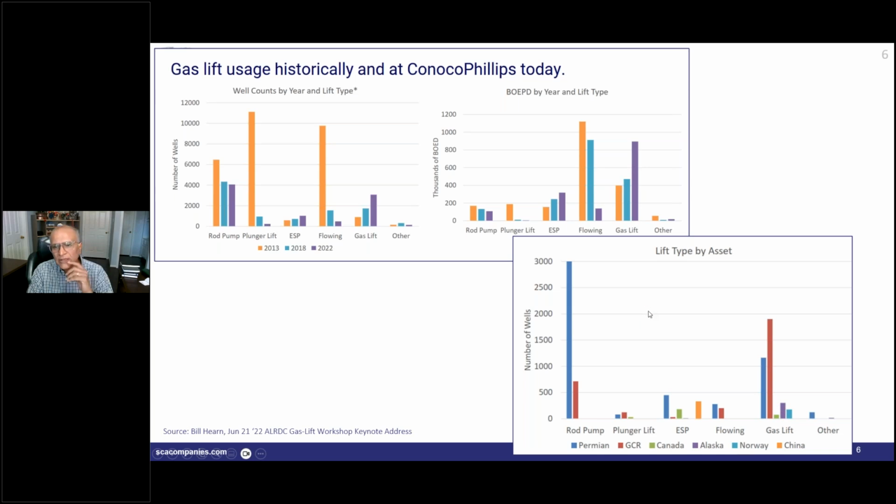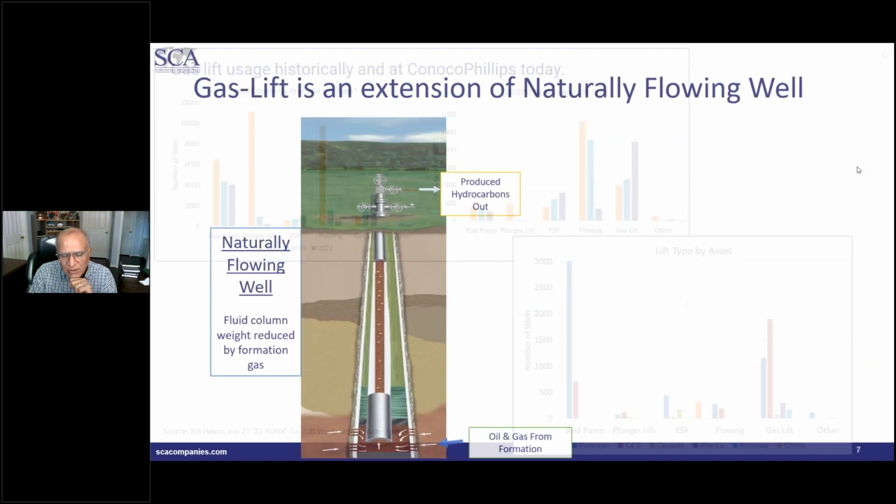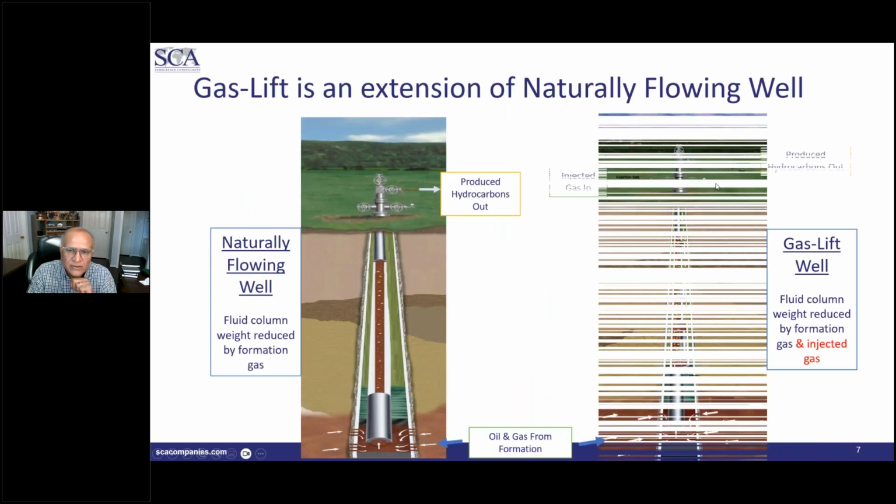So this should tell you that for not only this operator, but other operators also, whether you talk about ExxonMobil or Occidental, Chevron, each of them has a relatively higher share of production coming from gas lift. So gas lift is an important lift method.